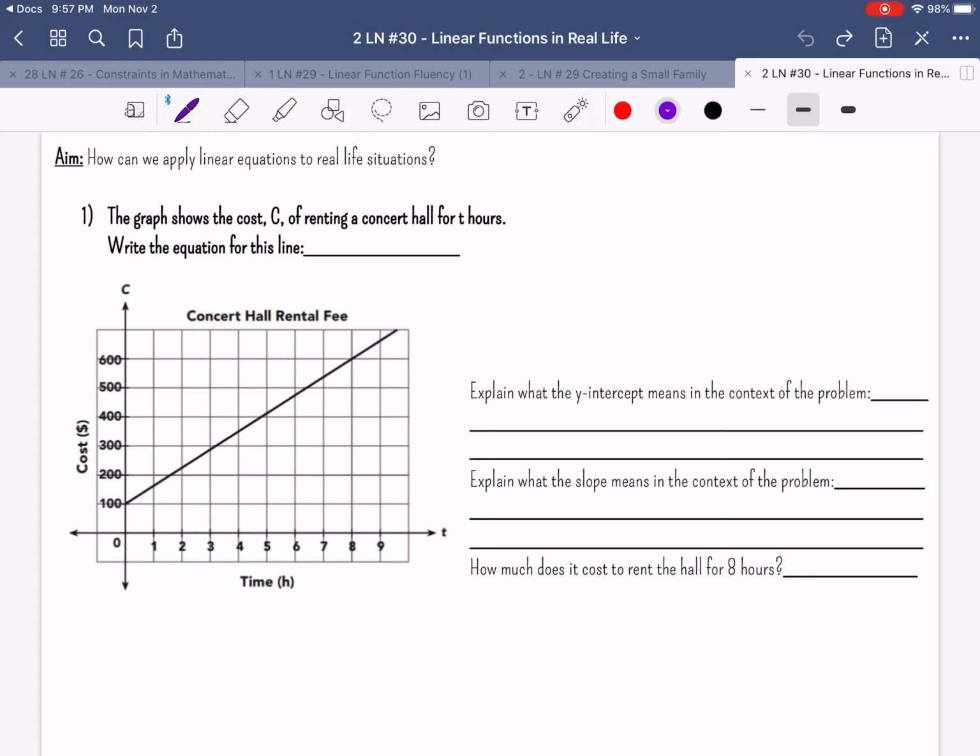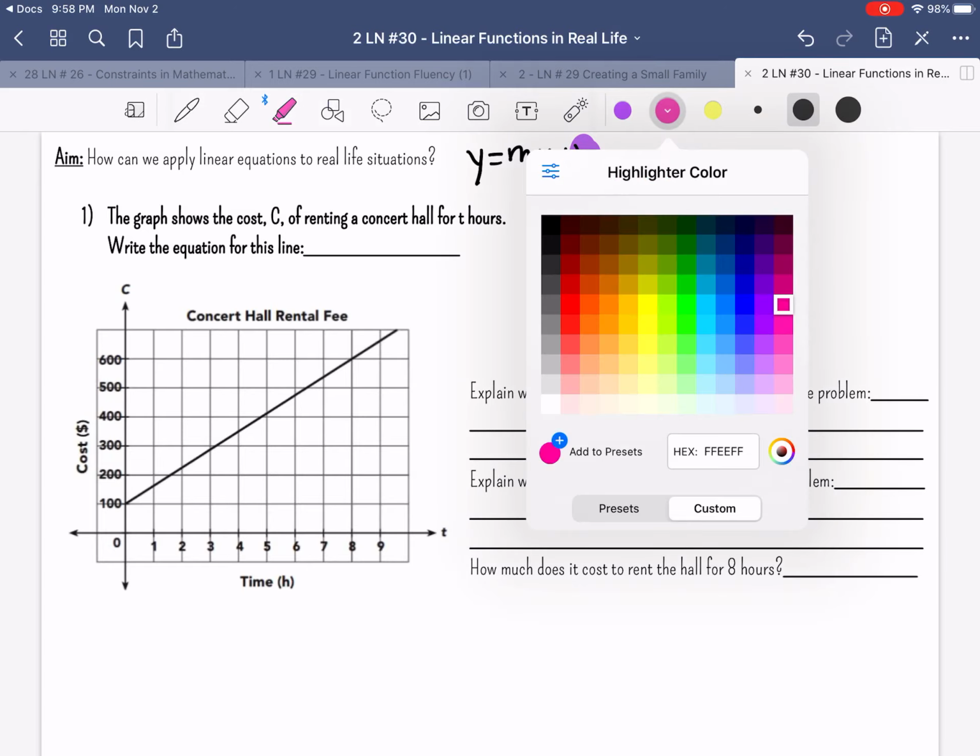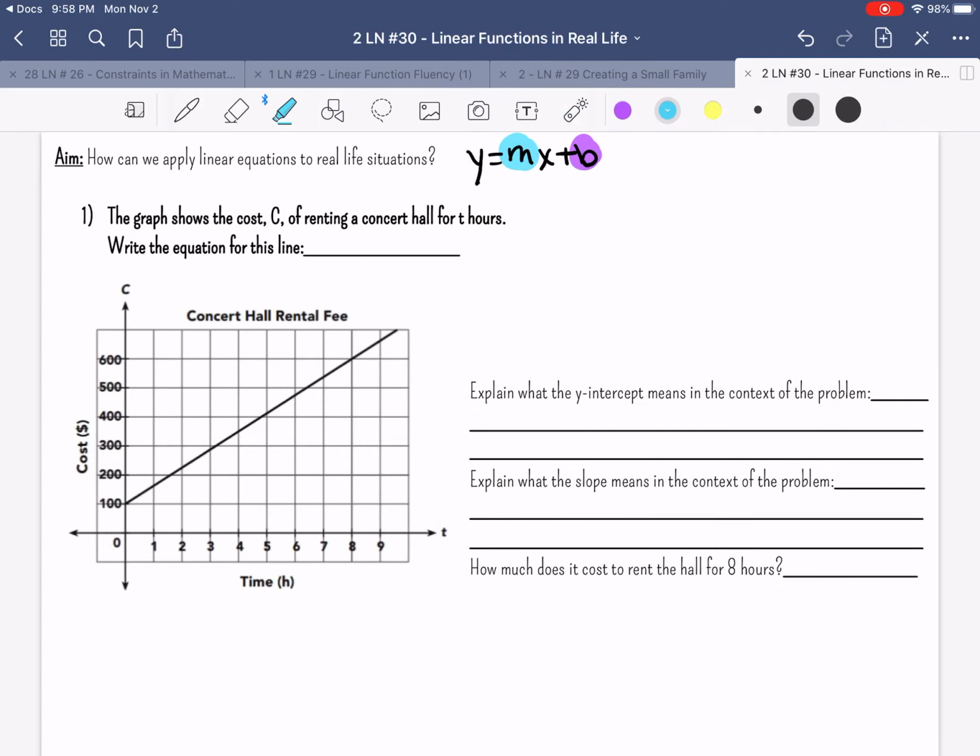So we have the graph, and it's asking us to write the equation. So as we know, the formula for an equation of a line is y equals mx plus b, where b is the y-intercept and m is the slope.